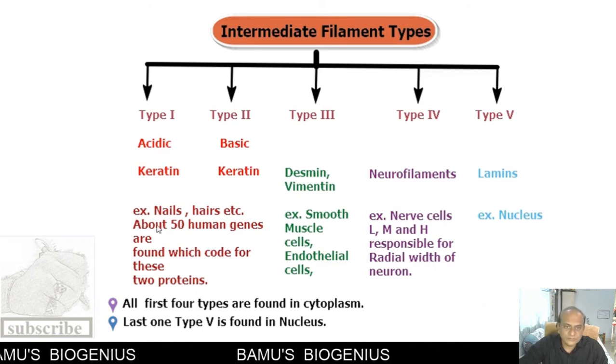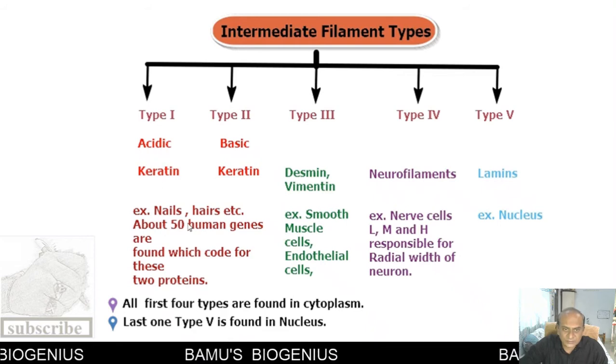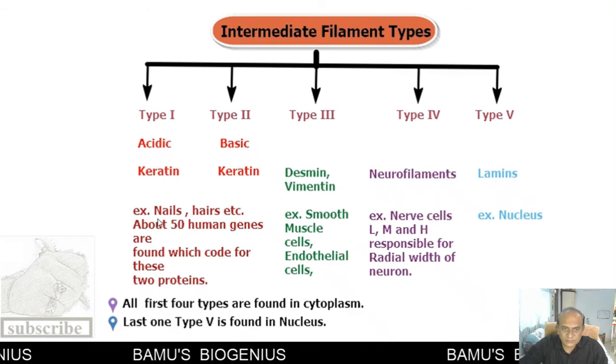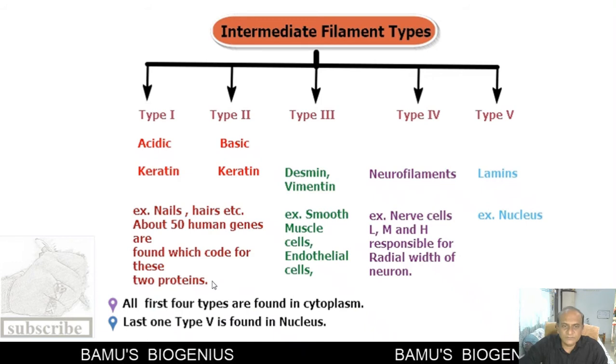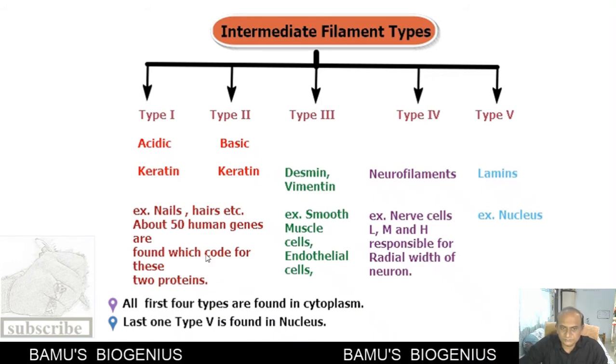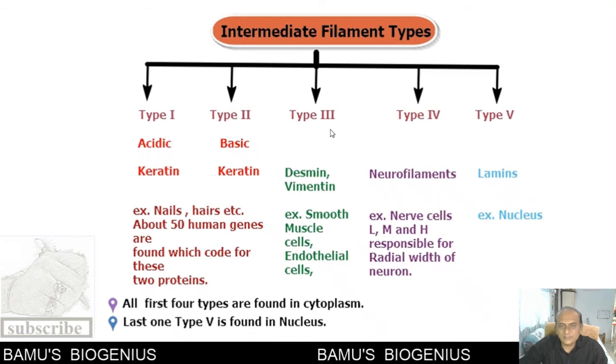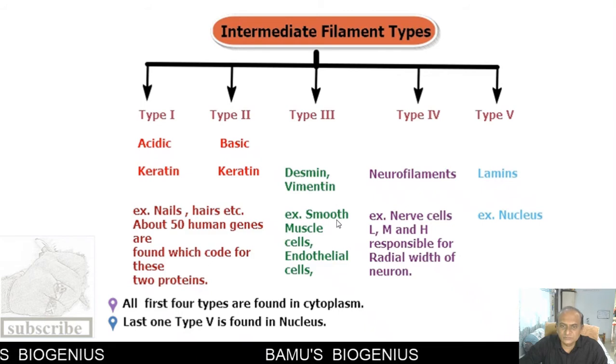So you can see here that the keratin protein, the type 1 and type 2 intermediate filaments, are found in nails and hairs, and there are about 50 human genes that code for these two proteins. Then type 3 is desmin or vimentin. This is found in smooth muscle cells and endothelial cells.